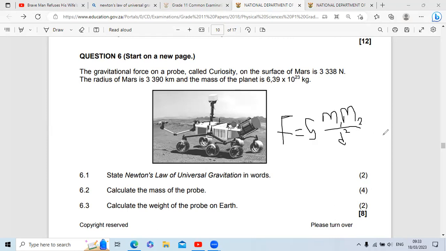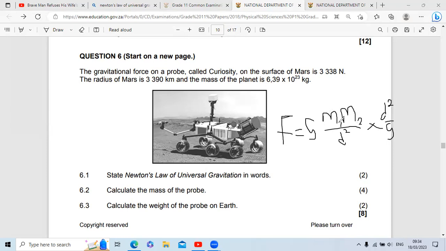On this side, we're going to multiply by d squared in order to eliminate this d squared here, and divide by G in order to eliminate this G. And then if you want, you can also divide by M1 or M2.